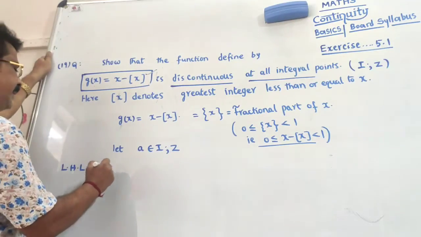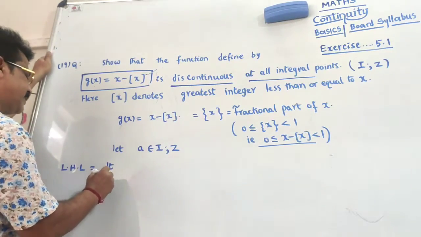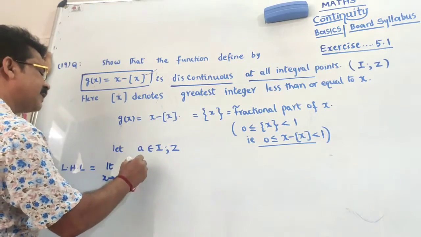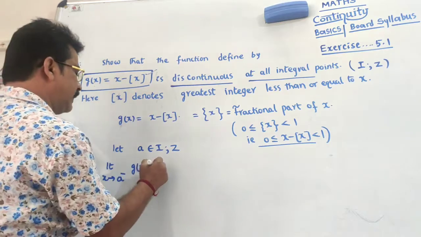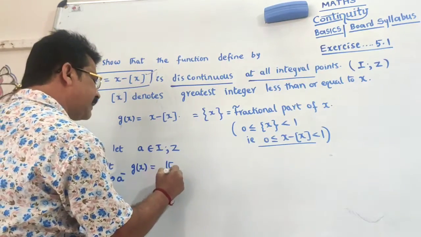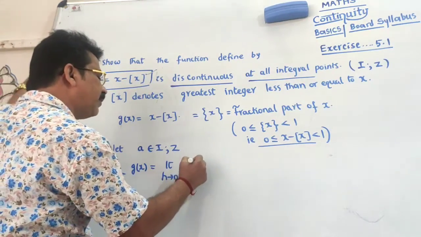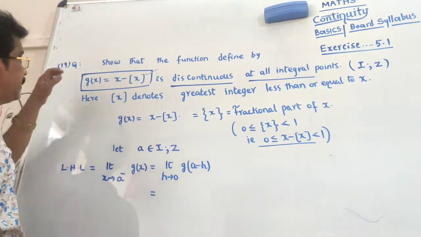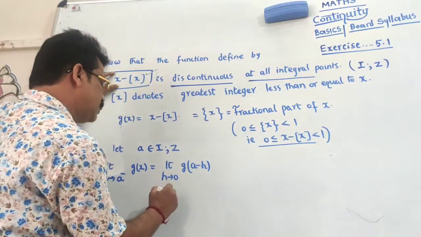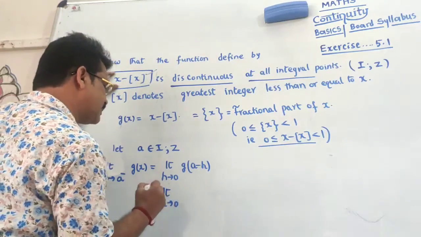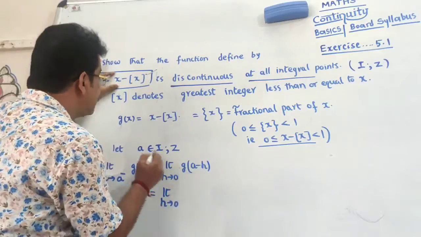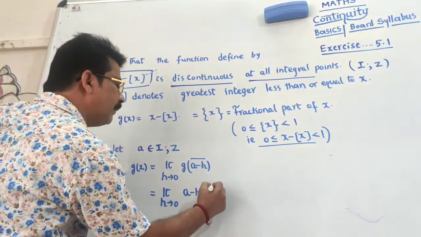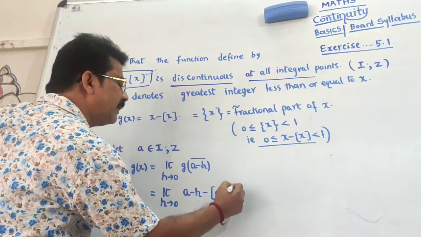Left hand limit notation, limit x tends to a minus of the given function g of x. So that is equal to the formula limit h tends to 0 g of a minus h. So g of x equal to x minus box of x. So it is limit h tends to 0, instead of x we are writing a minus h, a minus h minus box of a minus h.